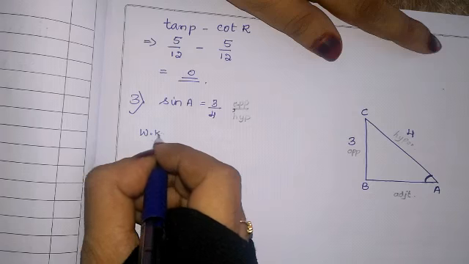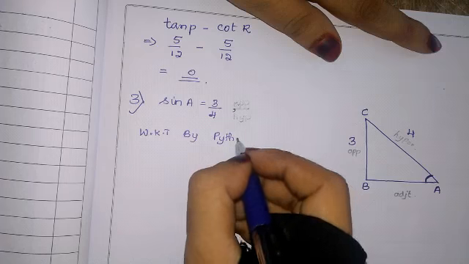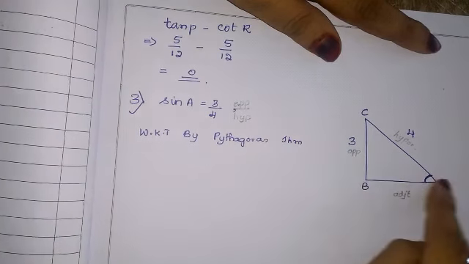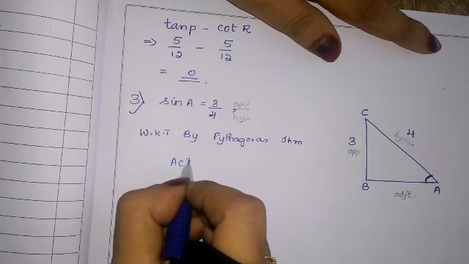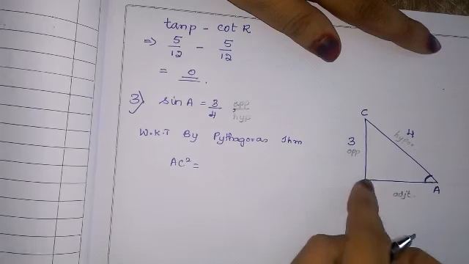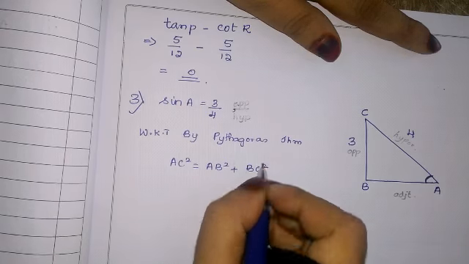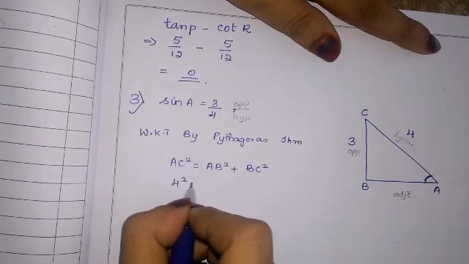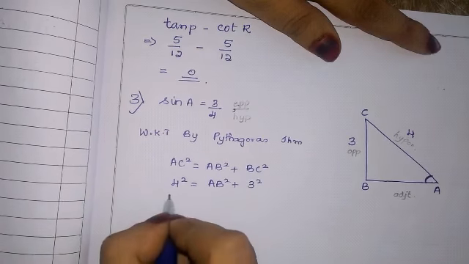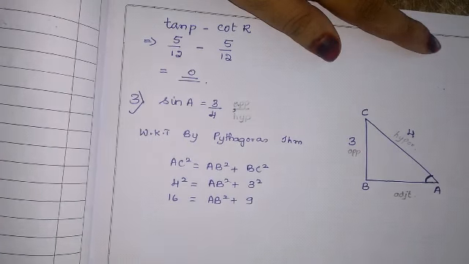We know that by Pythagoras theorem, AC square is equal to BC square plus AB square. AC is 4 square, AB we don't know, BC is 3 square. 4 square is 16 equals AB square plus 3 square, which is 9.